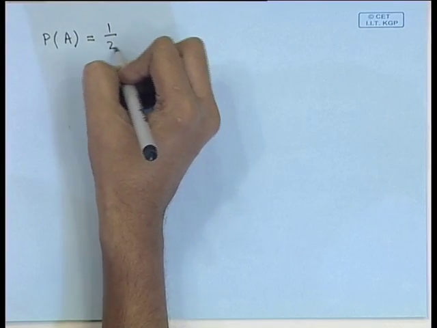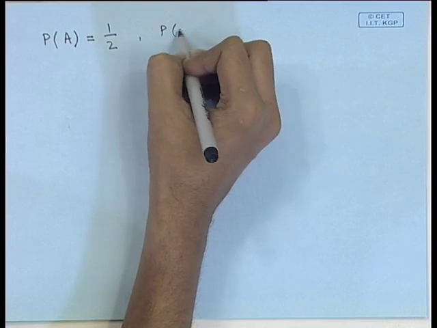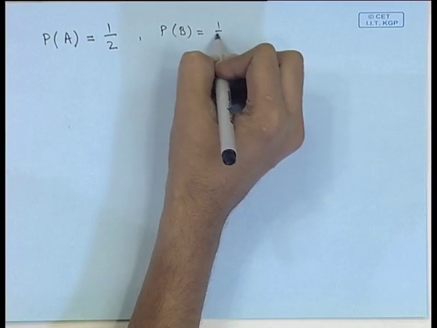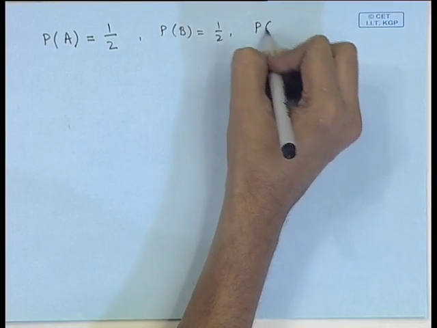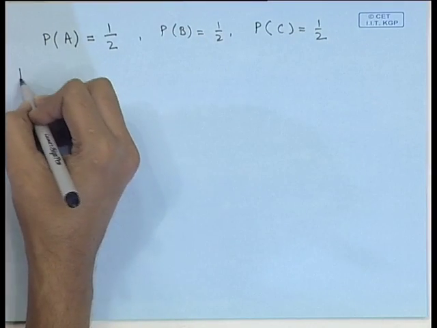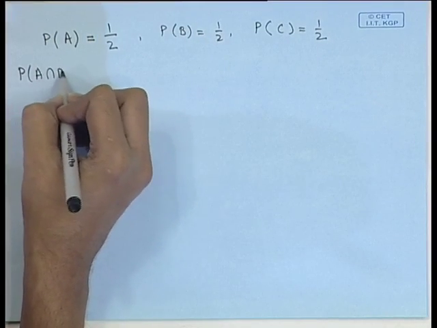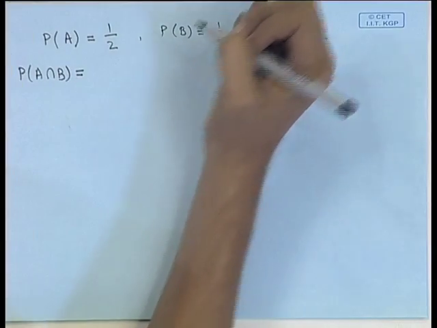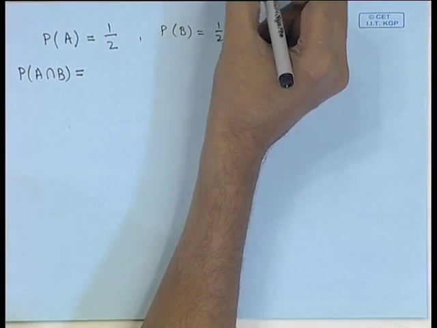So, a total number of 18 possibilities are there. So, probability of A becomes half. Likewise, probability of B is half and likewise probability of C, that is the odd sum, is also half. If we consider the probability of A intersection B, then we are saying odd number on the first and odd number on the second. What are the possibilities?